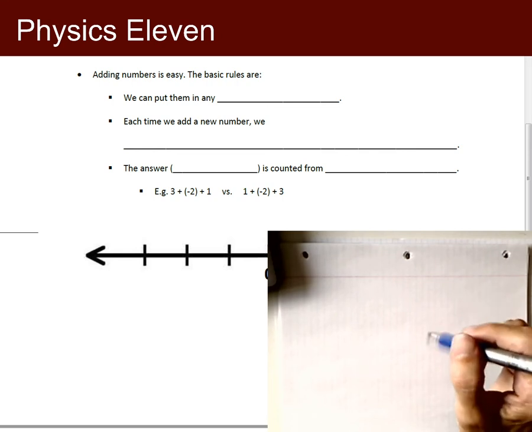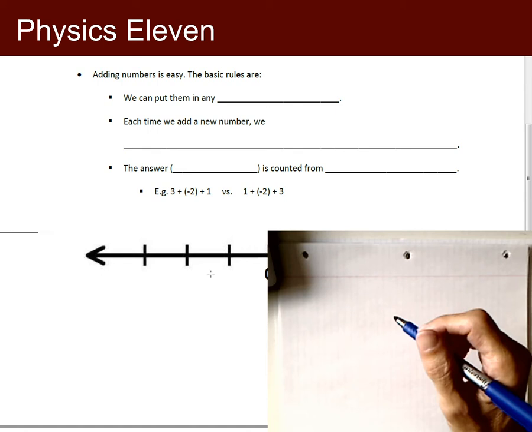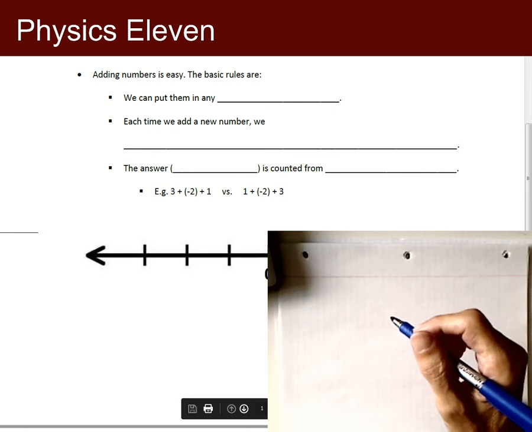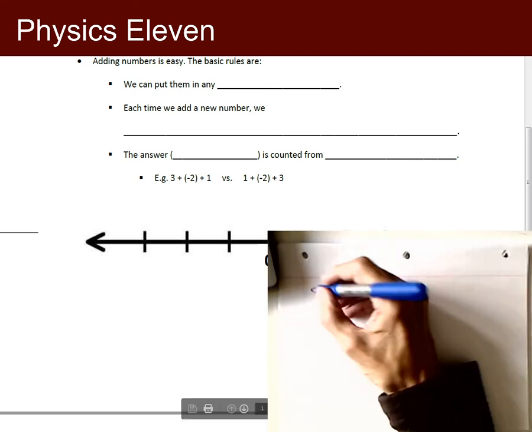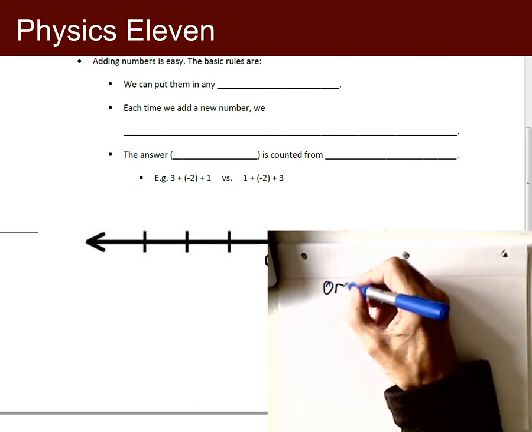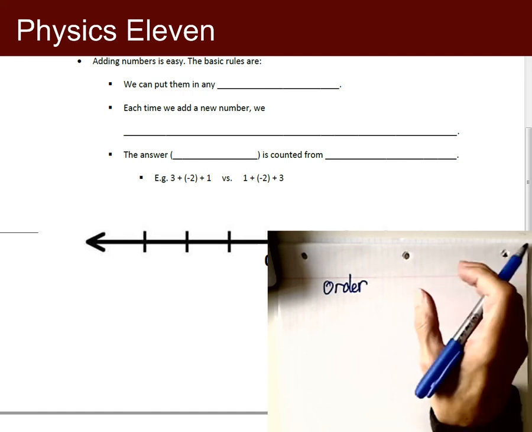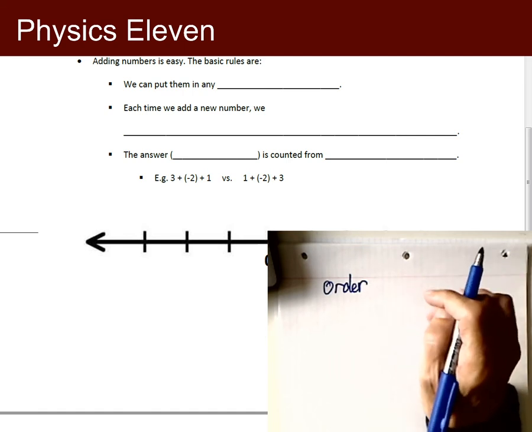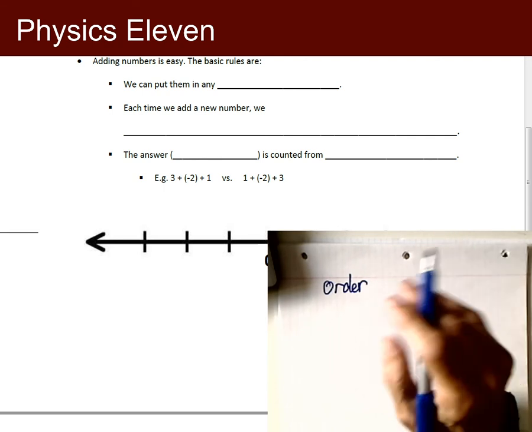All right, so with numbers, basic rules that you know but probably haven't thought about for a little while, and that is we can put the numbers in any order. As long as you drag the sign along, you can put them in any order.